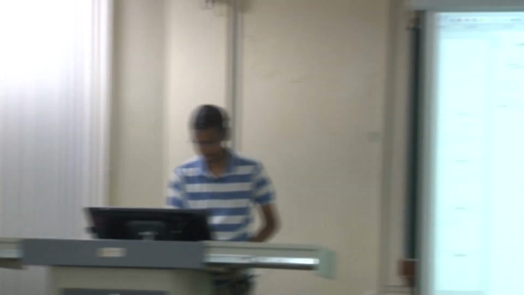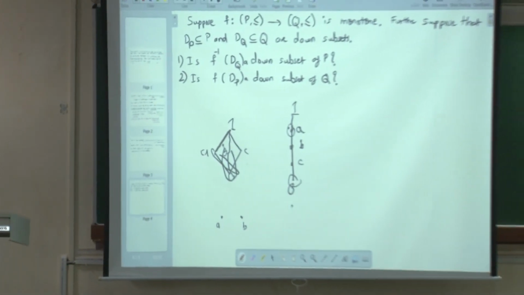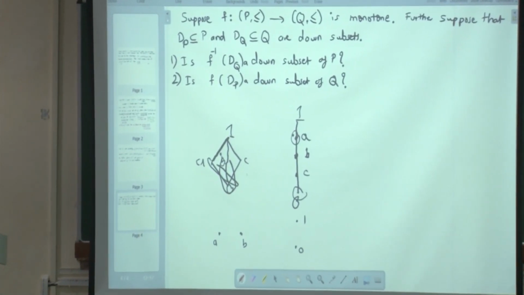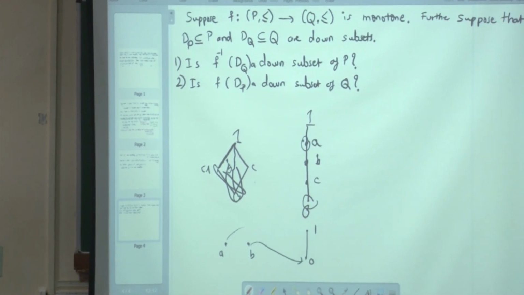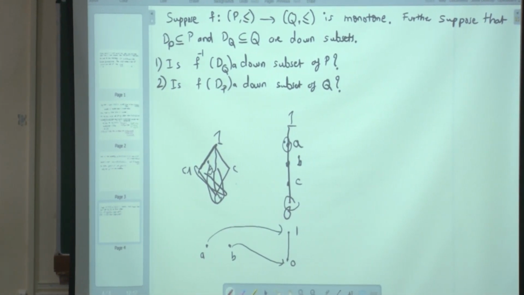Okay, so let us write down. One simpler example would be: you just consider a 2-element anti-chain and map it to a 2-element chain. This element is mapping here, this element is mapping here.